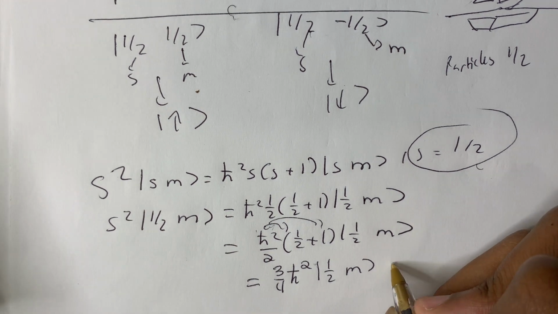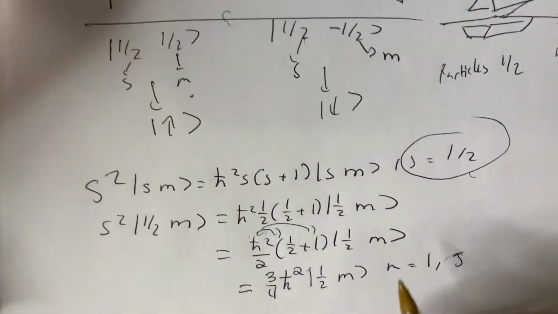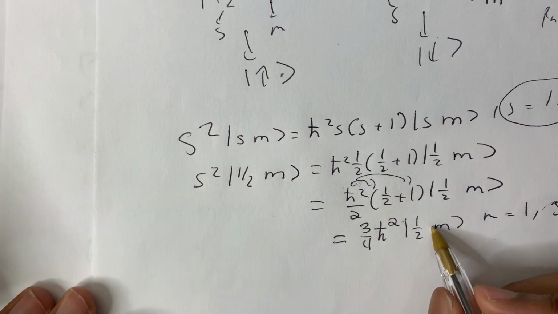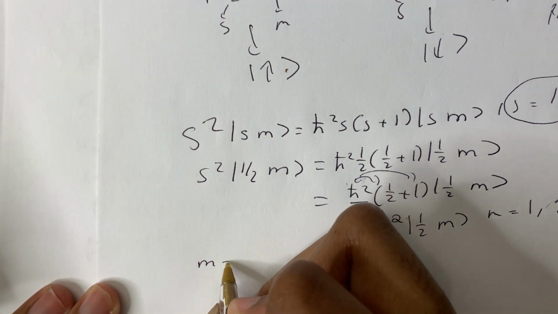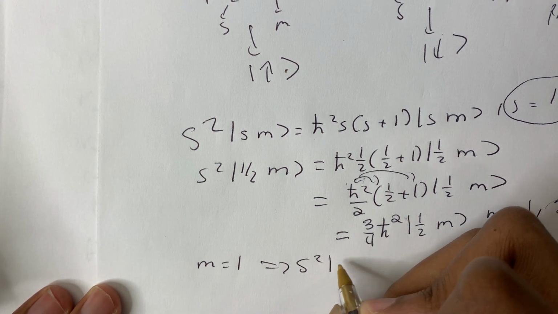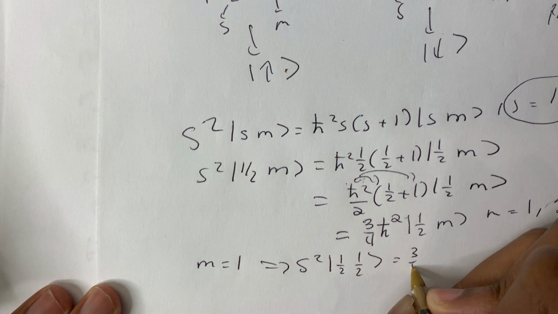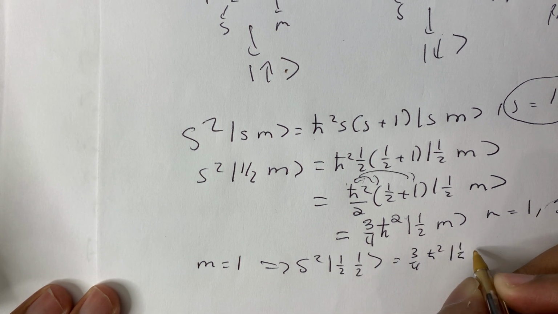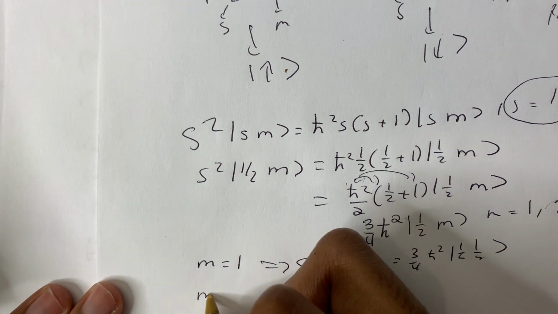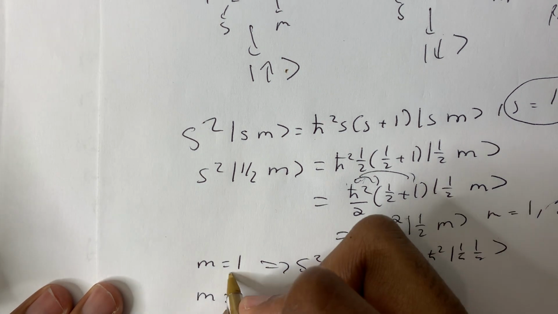Now if m equals 1/2, then s squared acting on |1/2, 1/2> is 3 over 4 h bar squared times |1/2, 1/2>.